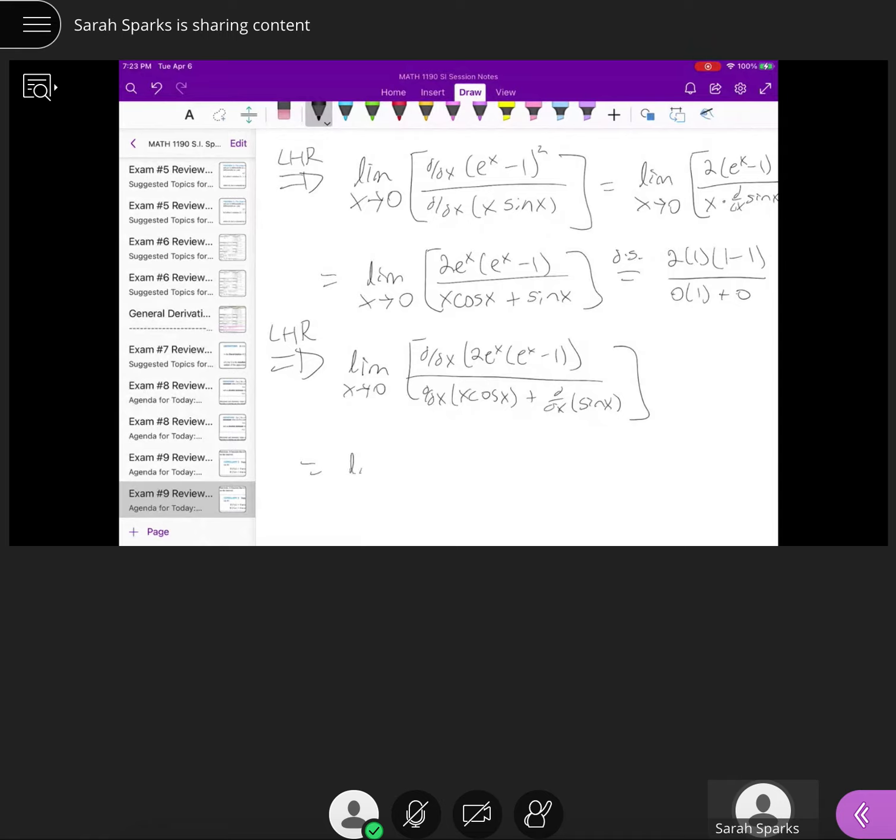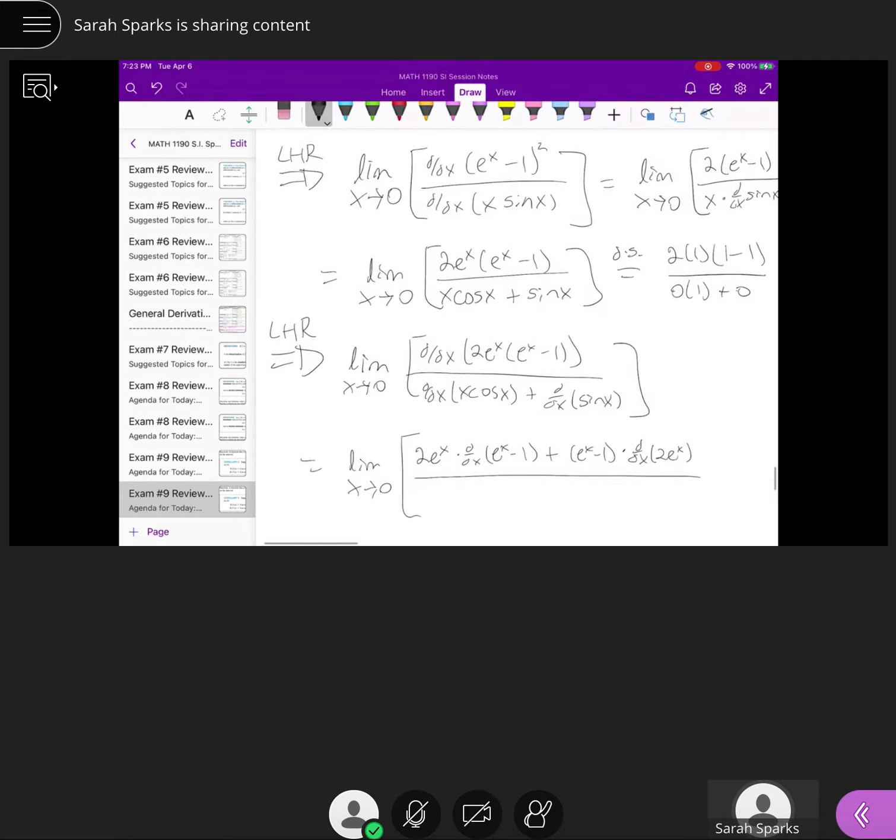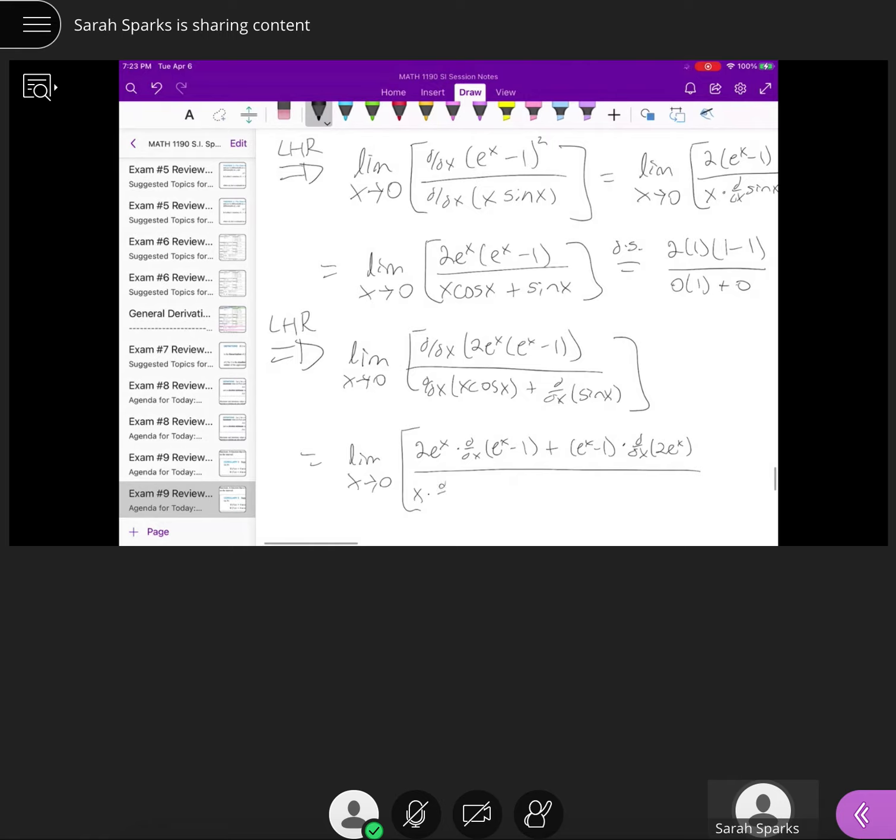Alright, so for product rule for that top part of the limit, we have 2 e to the x times the derivative of e to the x minus 1 plus e to the x minus 1 times d dx of 2 e to the x, all over, and then we have another product rule, so x times d dx cosine x plus cosine x times d dx of x plus the derivative of sine x, which is going to be cosine x.